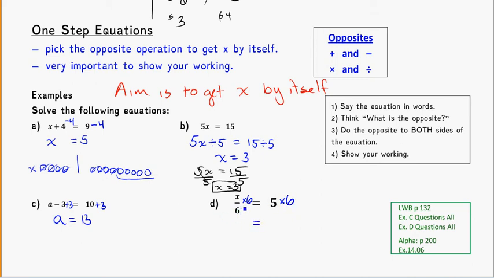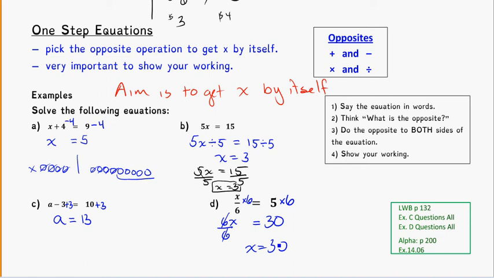In this case, I see that timesing by 6 and dividing by 6 are opposites. You kind of get a fraction that would look like this if you were to rewrite it. So 6 over 6 is equal to just the x, and 5 times 6 is equal to 30. So my final answer is x is equal to 30.